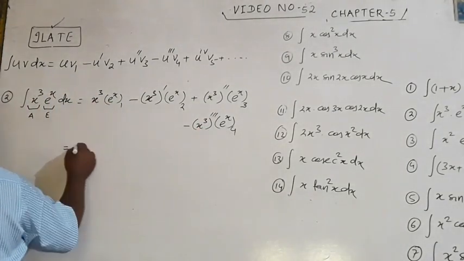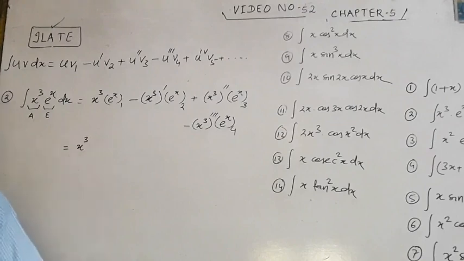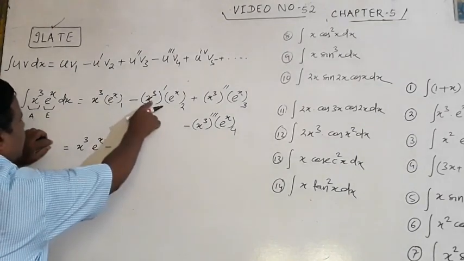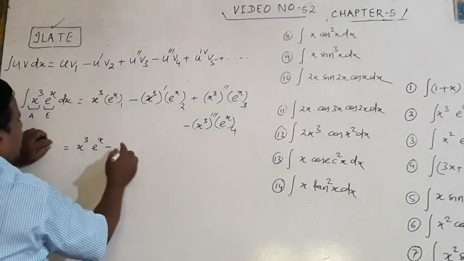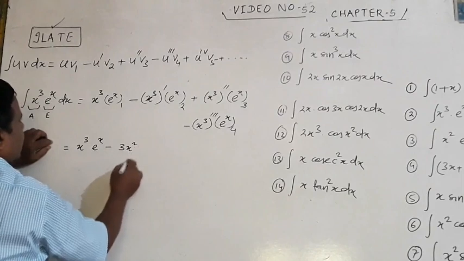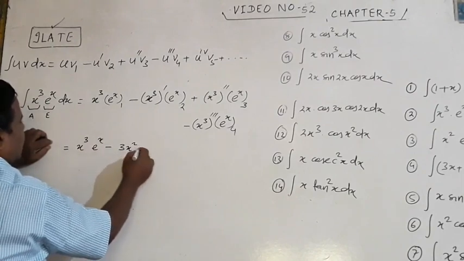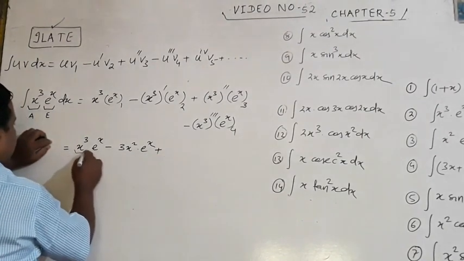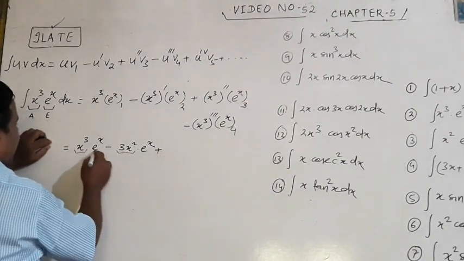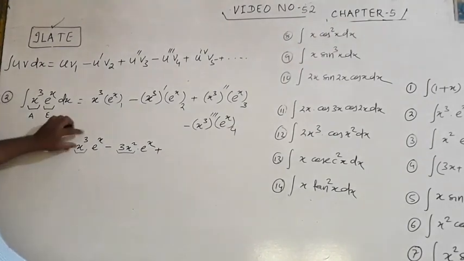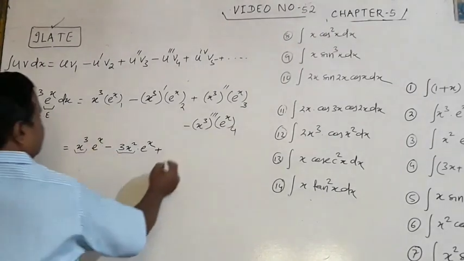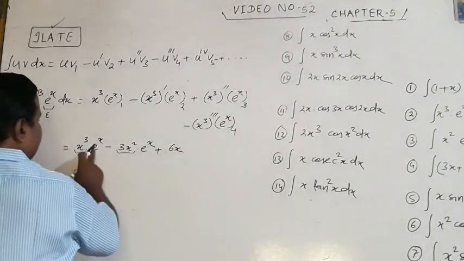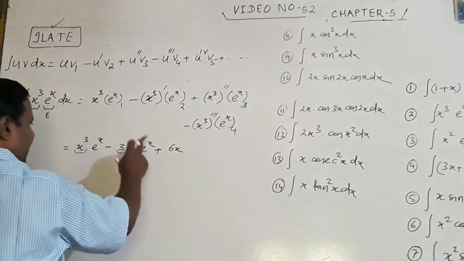Now look at here. It is x cube, and the integration of e to the power x is e to the power x, minus the derivative of x cube, which is 3x square, times the integration of e to the power x, which is e to the power x, plus 6x, because you have to differentiate these terms and integrate these terms. Then the integration of e to the power x is e to the power x, again e to the power x.